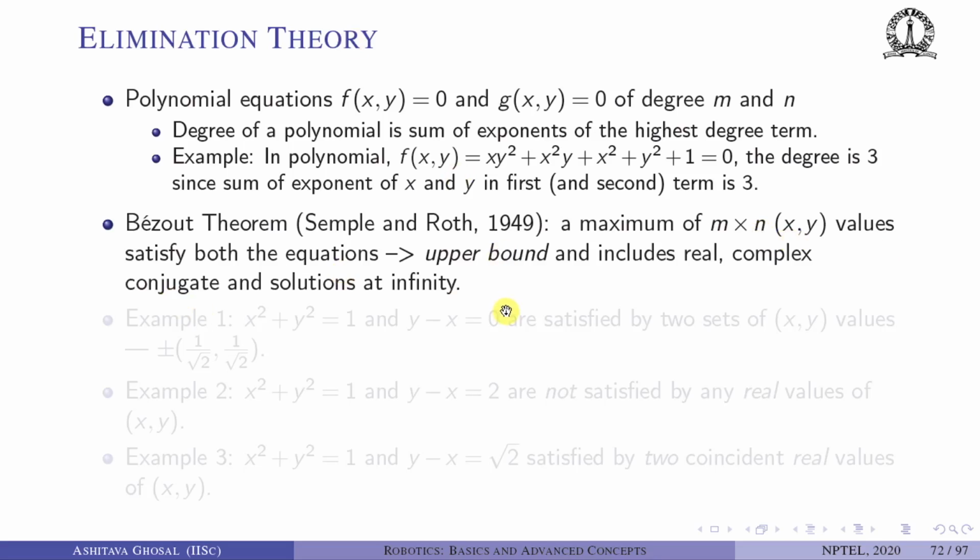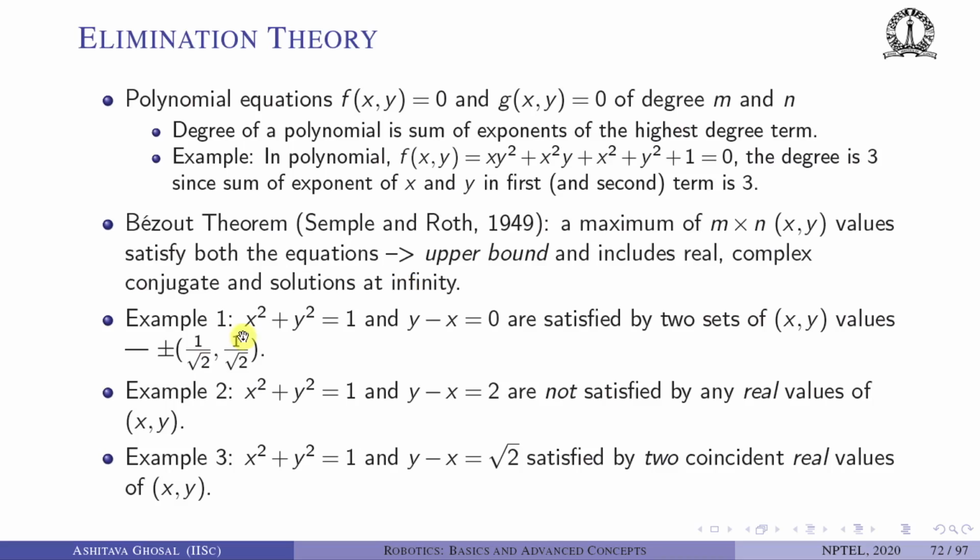The important phrase is maximum of m into n. This is an upper bound. It includes all the real possible values of x comma y, complex conjugate values of x comma y, and also solutions at infinity. So there is this whole idea that there are some solutions which are at infinity.